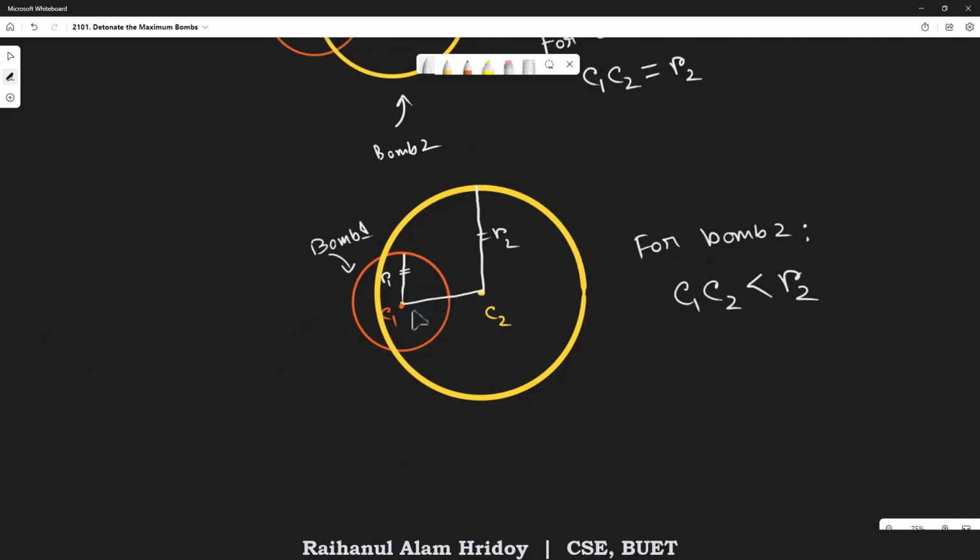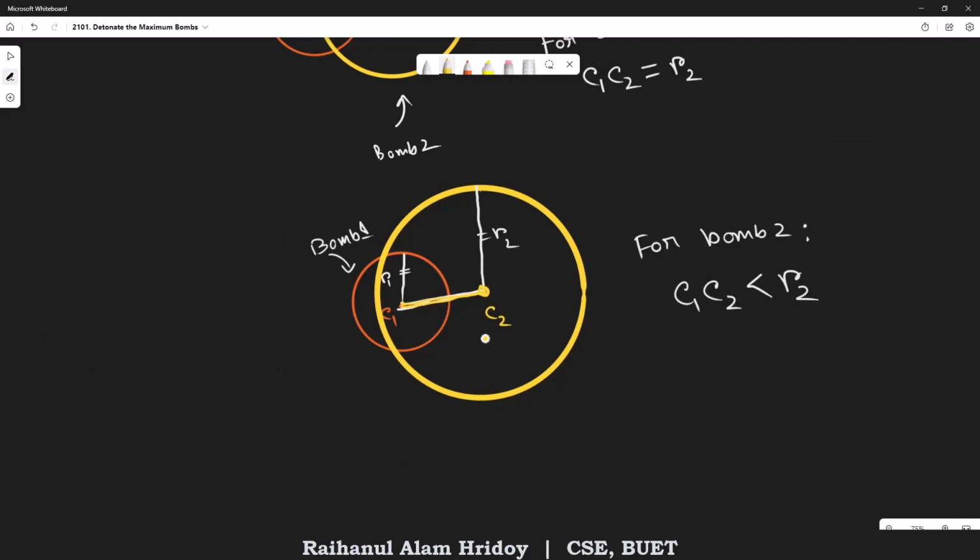You can see clearly that this is the straight line distance from C1 to C2, and it will be less than the radius of this bomb.